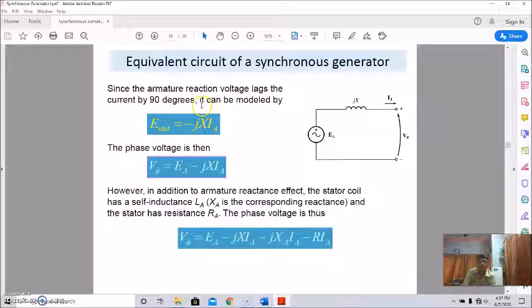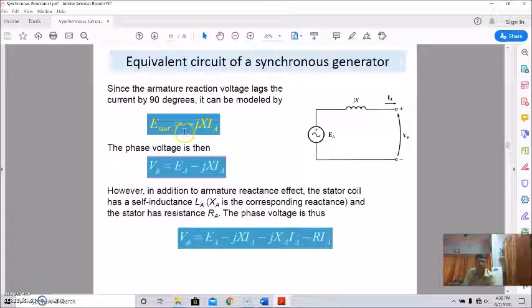Now, if we represent it in this way, the armature reaction voltage lags the current by 90 degrees. It can be modeled by this jXIA. This is the armature reaction voltage, and it is lagging behind. So j represents 90 degrees, and for lagging, this is minus.